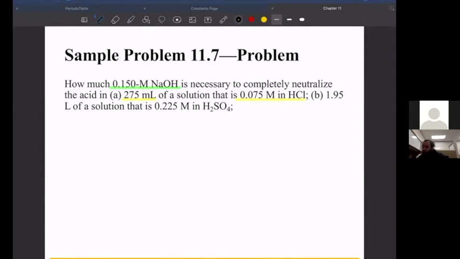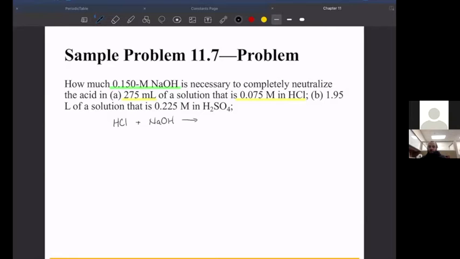So before I can do this, I need my balanced chemical equation first, right? So step 1 would be the balanced chemical equation. That happens when I react HCl with NaOH. At this point, we should be able to predict the products of our acid-base reaction. Remember, it's salt and water.